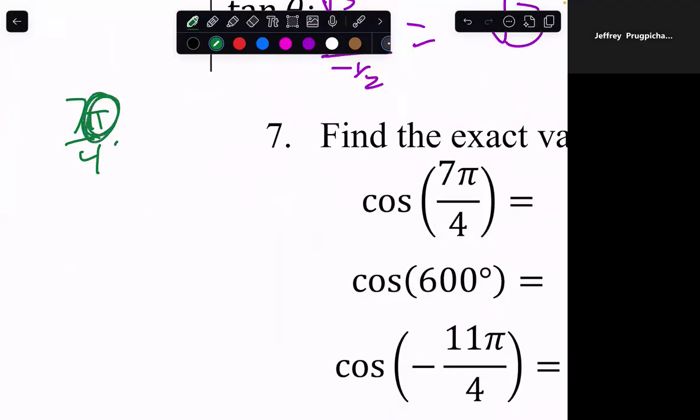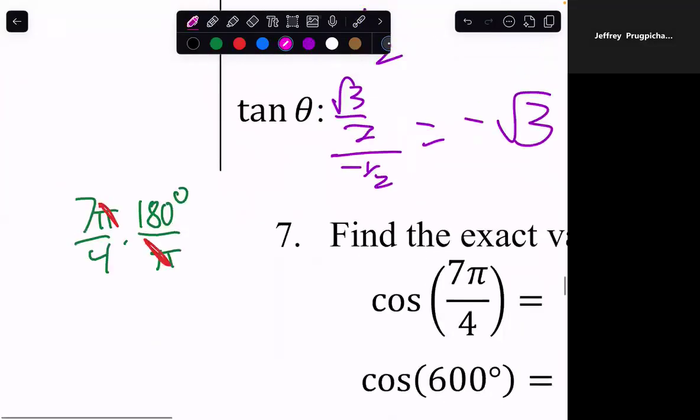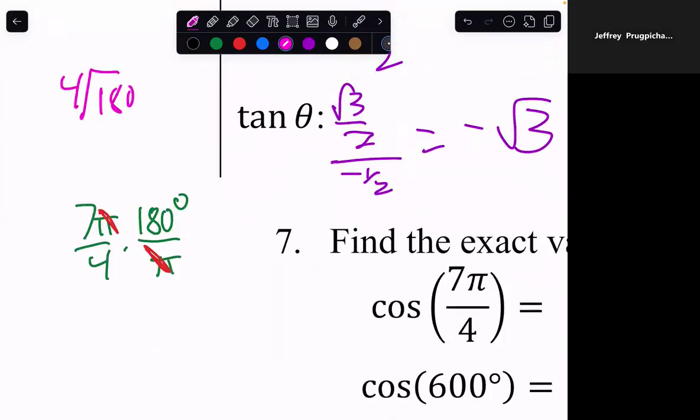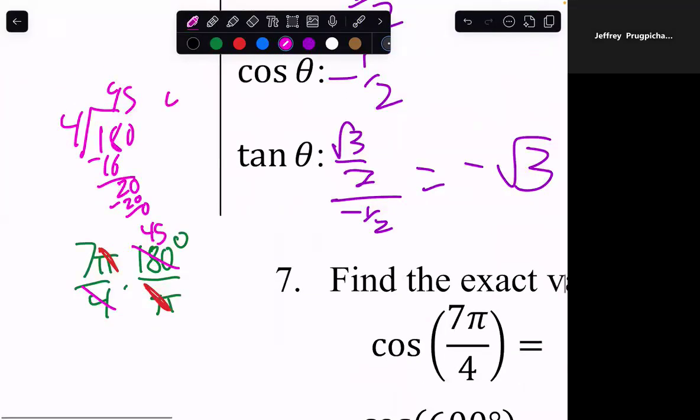Well, you want the pi to cancel out, so you would put the pi diagonal. That leaves the 180 up here. So the pi's cancel out. 180 divided by 4 is 45. So 7 times 45 degrees is 315 degrees.